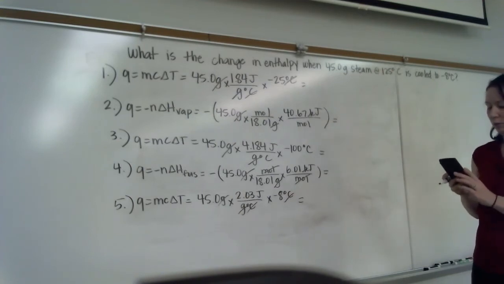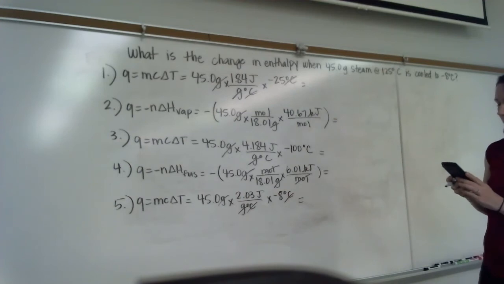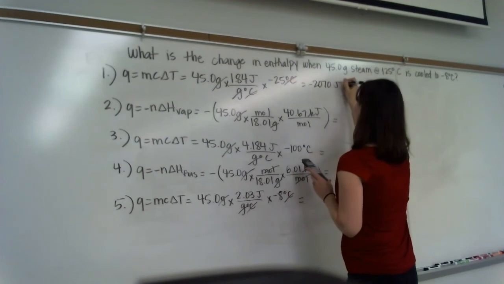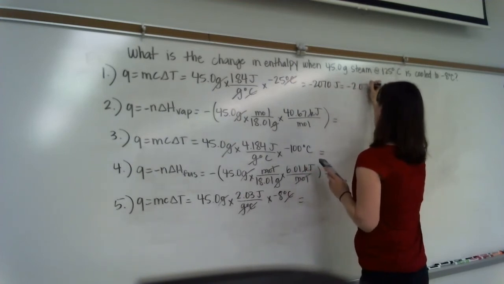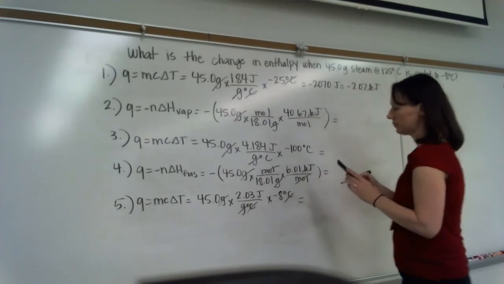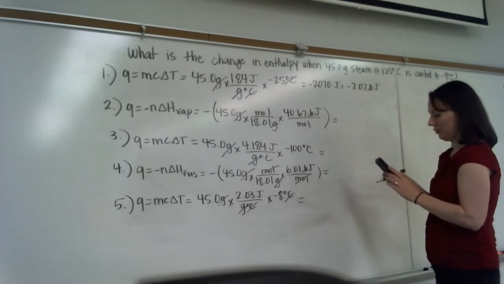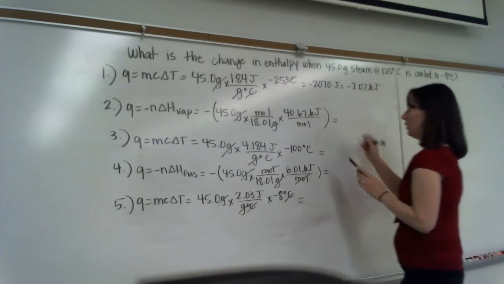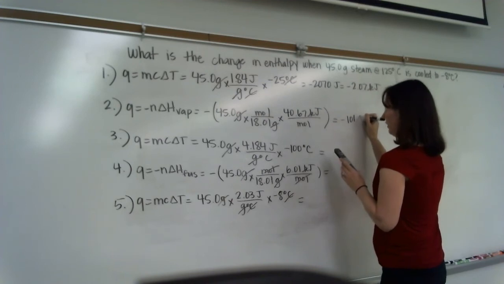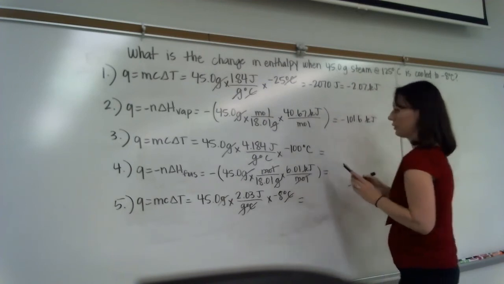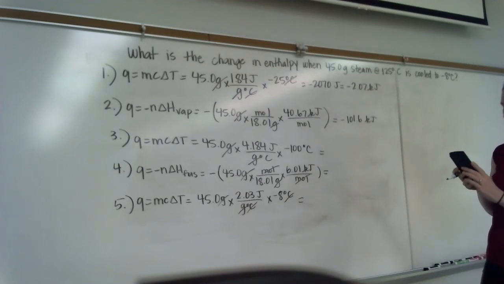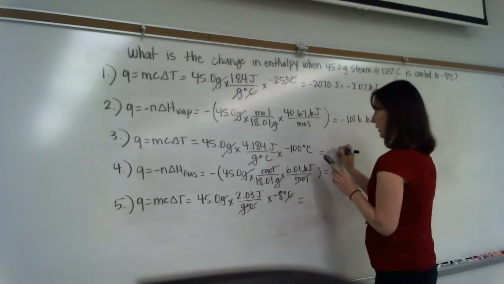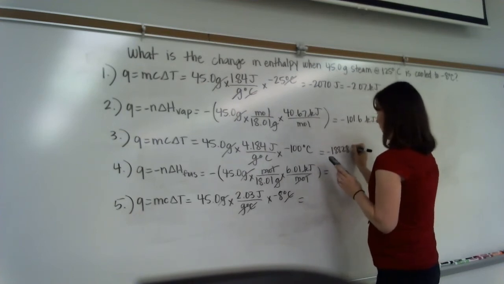45 times 1.84 times 25, negative, of course, 2070 joules. So that will be negative 2.07 kilojoules. 45 times 40.67 divided by 18.01 is negative 101.6 kilojoules. 45 times 4.184 times 100, negative, would be negative 18828 joules.